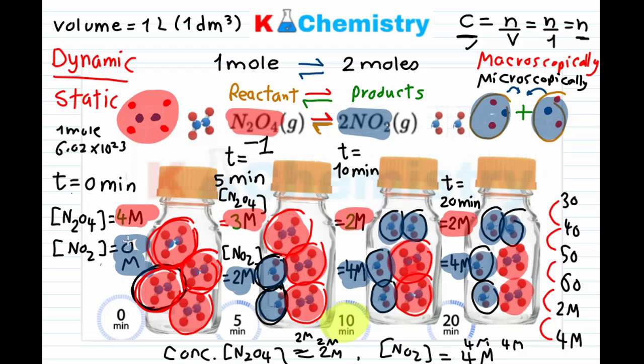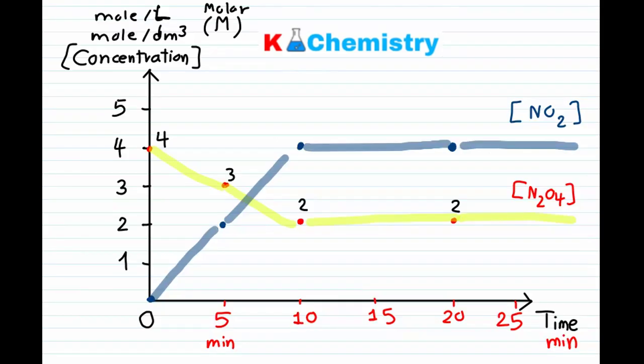There were no products, and then it becomes 2 and then 4 and then 4 molar.